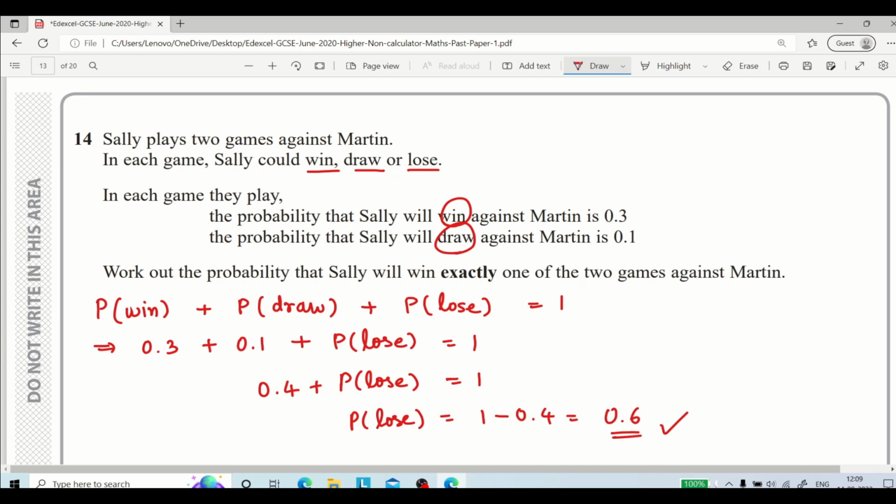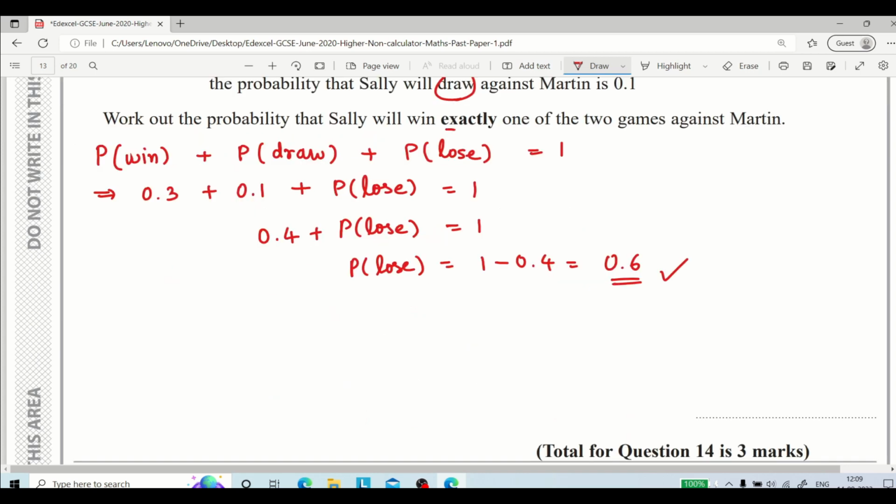Now, what is the probability that Sally will win exactly one of the two games against Martin?